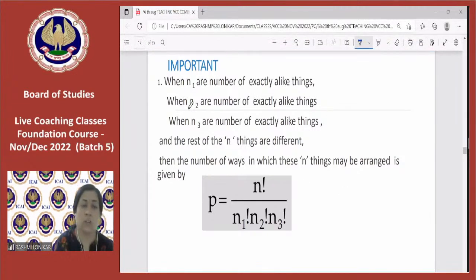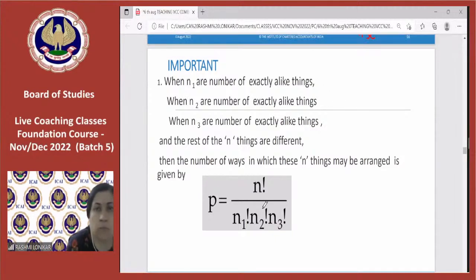Okay. So now, when n1 are the number of exactly alike things, n2 are the number of exactly alike things, and n3 are the number of exactly alike things, and the rest of the n things are different, then the number of ways in which n things may be arranged is given by P is equal to n factorial upon n1 factorial, n2 factorial, n3 factorial.